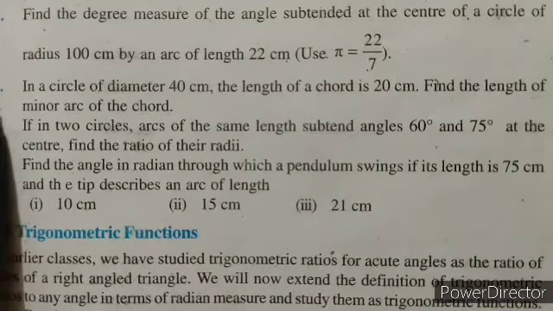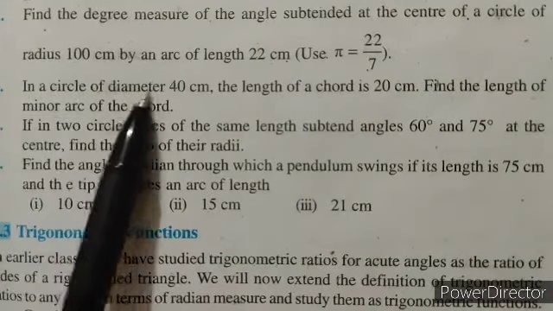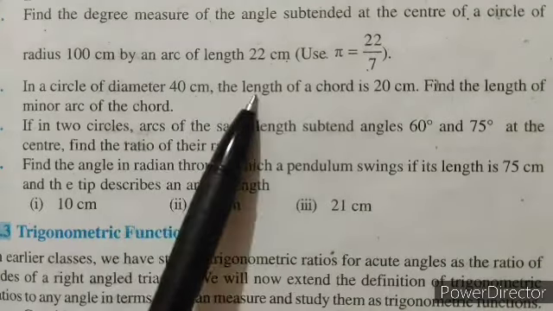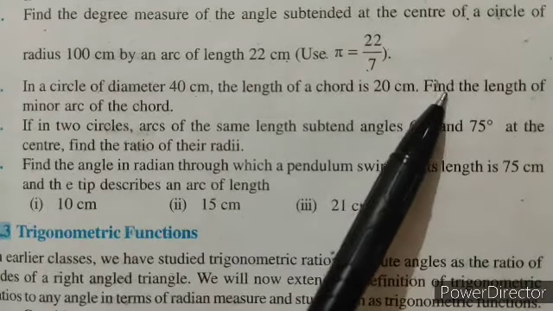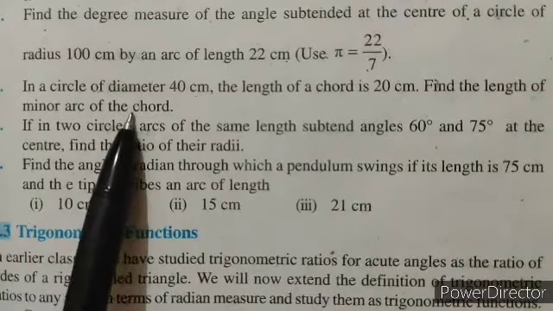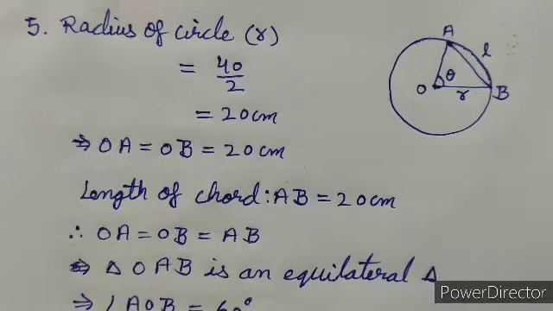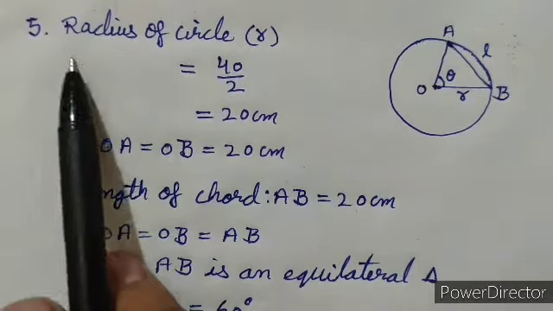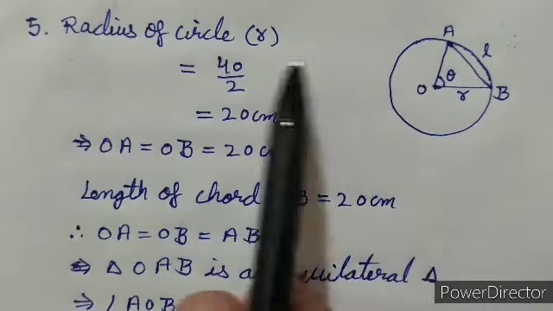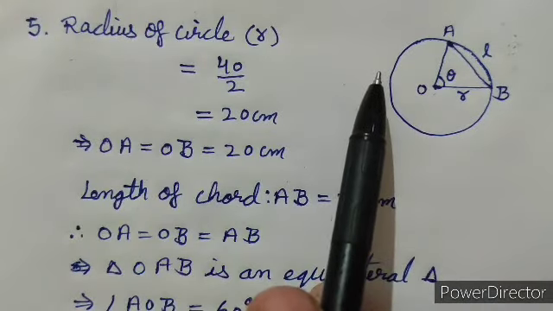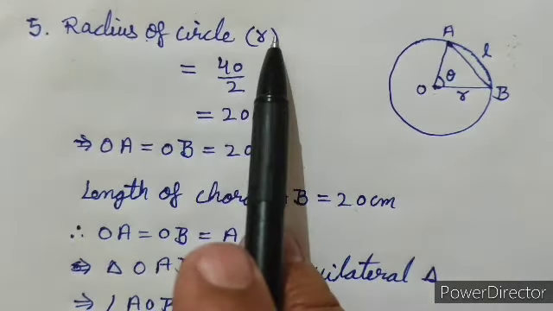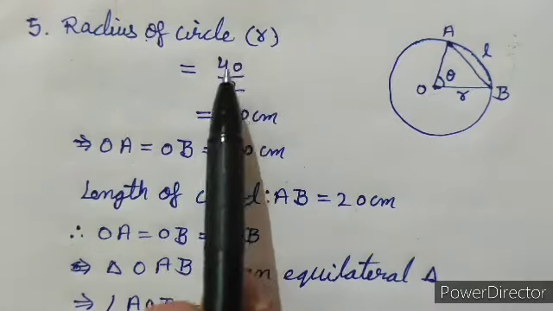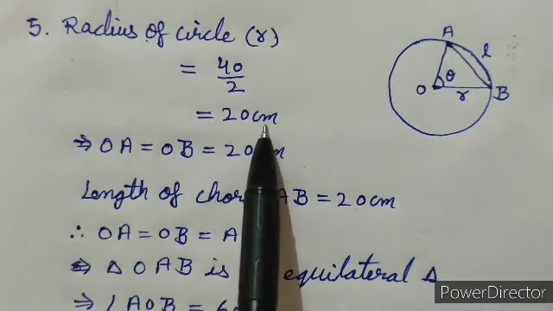In question number 5, in a circle of diameter 40 centimeter, the length of a chord is 20 centimeter. Find the length of minor arc of a chord. Now here, diameter of the circle is given to us as 40 centimeter. So radius of circle R will be equal to 40 upon 2, that is 20 centimeter.